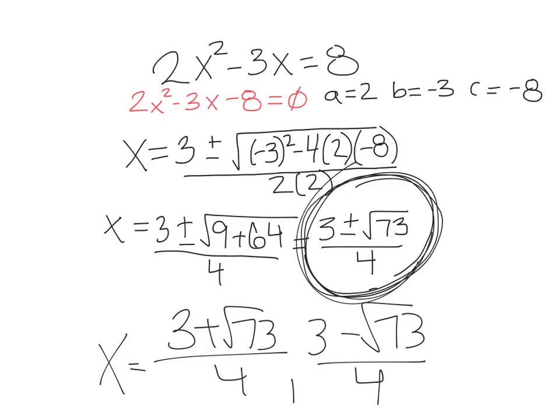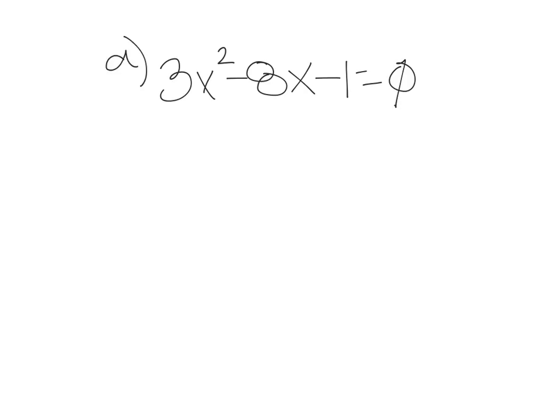So let's look at another one. If I have 3x squared minus 8x subtract 1 equals 0, that's example A below. That's already set equal to 0.